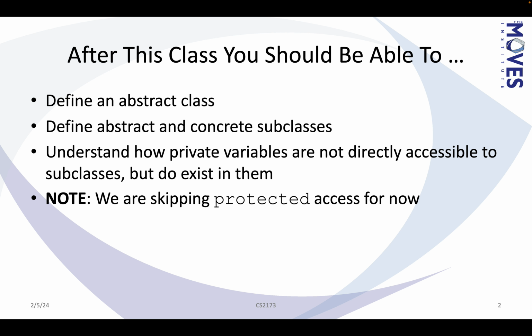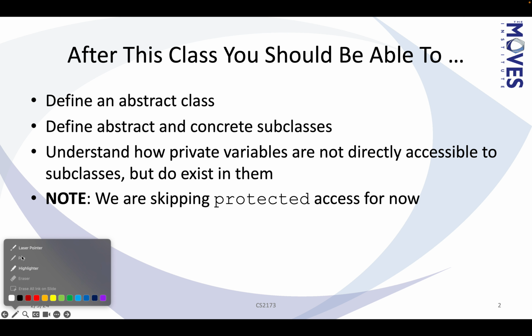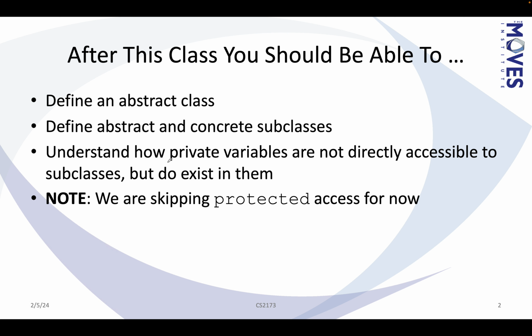Here's one little gotcha on the whole thing, and that's to understand that as we're using them here, instance variables are going to be private. We're going to skip the protected stuff for now. We may circle back to it. If I don't circle back to it this quarter, we're going to circle back to it next quarter.